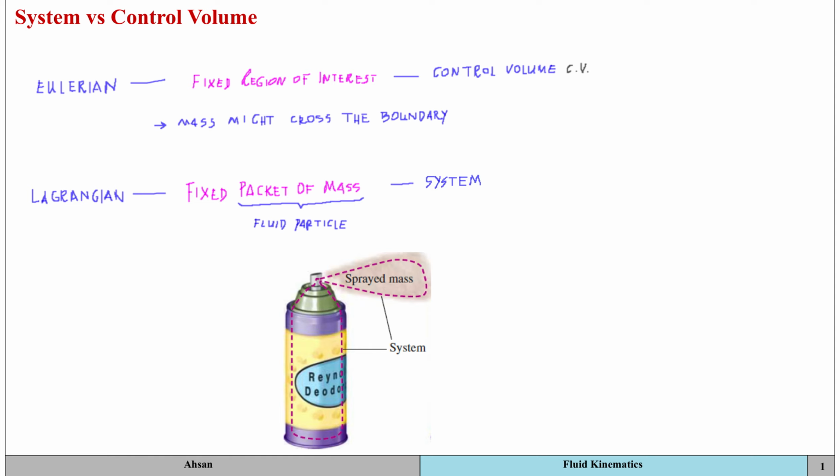So if we're looking at the fluid itself, even when it's discharged, it's going to be a part of our system. So this is our system approach, where the mass is constant, but the size or the shape can change. That is what the Lagrangian approach tells us, and that is what a system is.